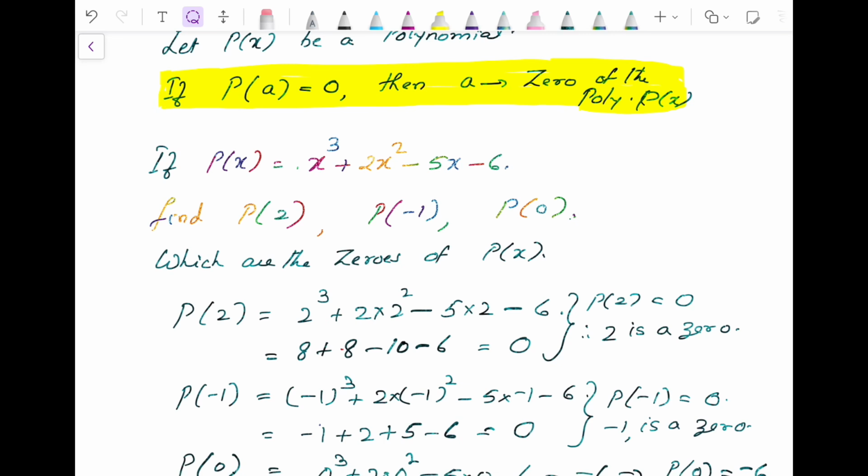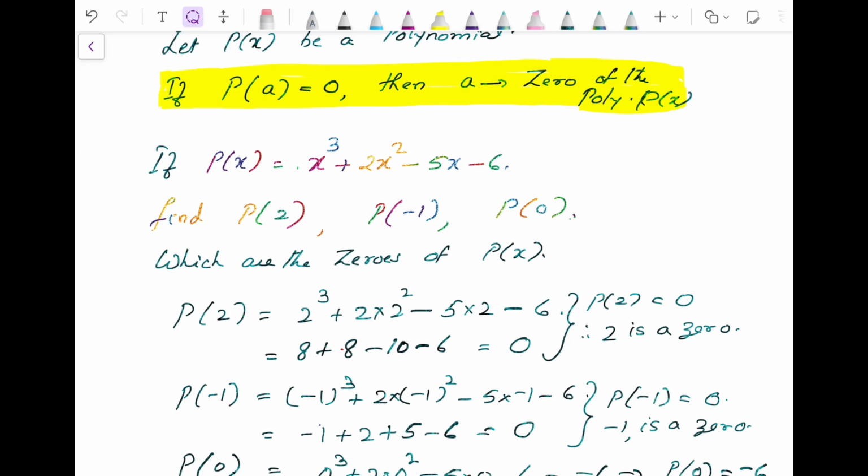When p of a is equal to 0, then a is the zero of the polynomial. So, p of 2 equal to 0, therefore 2 is one of the zeros of the polynomial. Here it is x cube, so you will have a maximum of 3 zeros; it can be no zero, 1 zero, 2 zeros or 3 zeros.